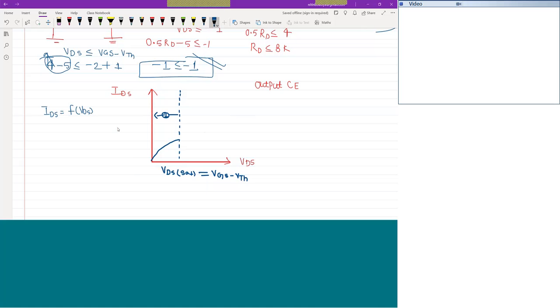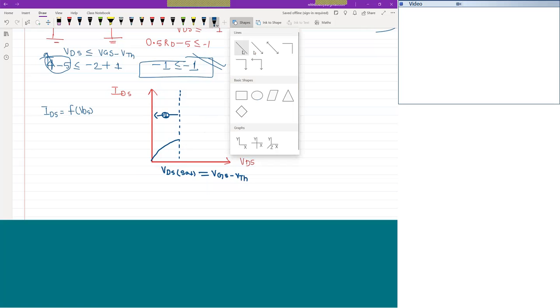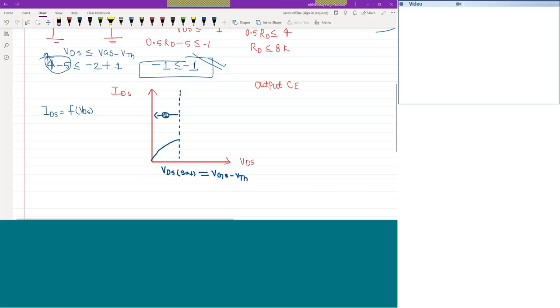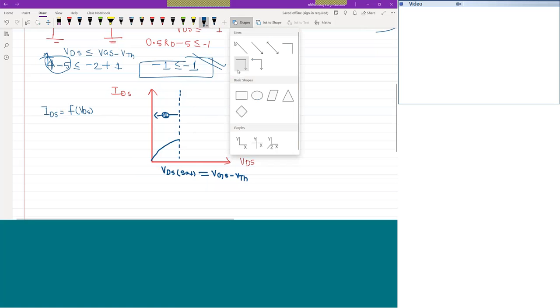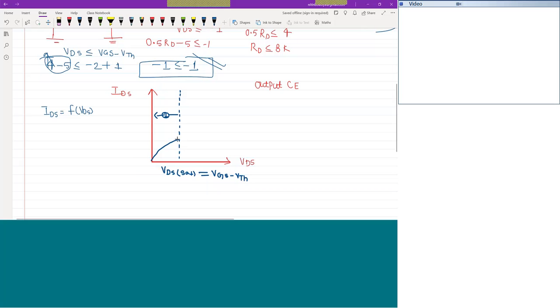We are talking about before saturation, and after saturation, what can I say? After saturation the current will be a constant current. This current will be constant. And this is region number 2.